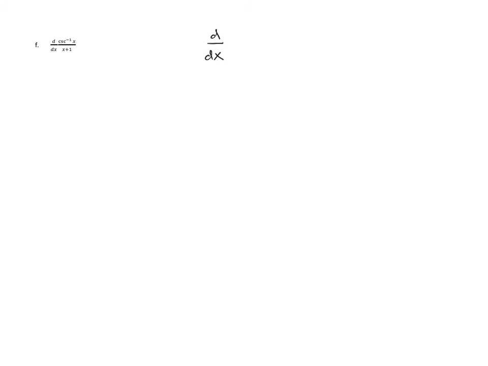The derivative of arccosecant of x is negative 1 over x times the square root of x squared minus 1. To take the derivative of this function, I'm going to use the quotient rule. So first, quotient rule says take the derivative of the numerator.